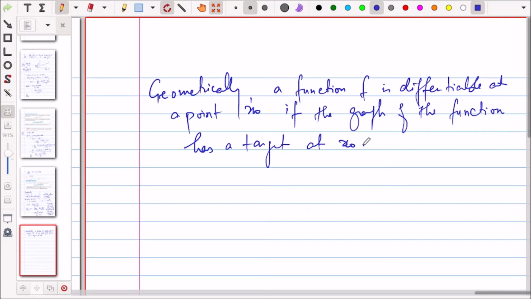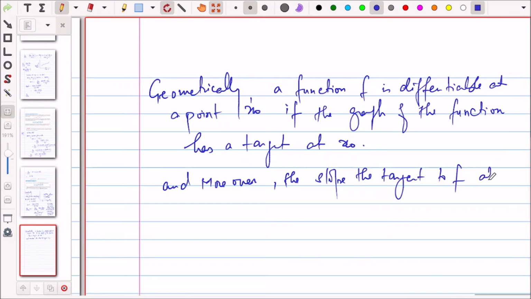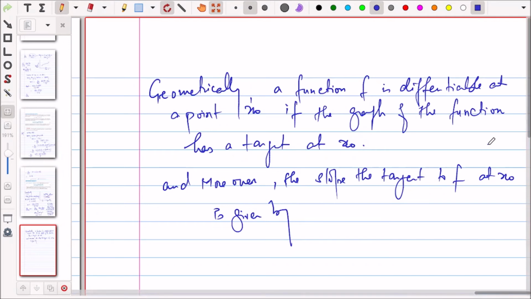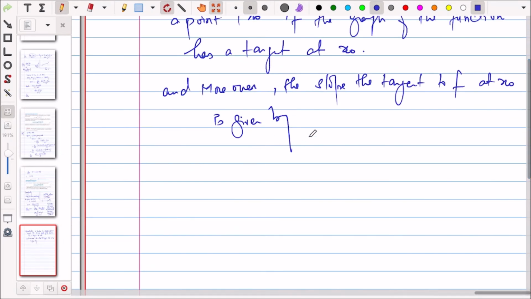So the function is differentiable at point x naught provided the graph of the function has a tangent at x naught. That is, and moreover, the slope of the tangent to f at x naught is given by f dash x naught. ठीक है.